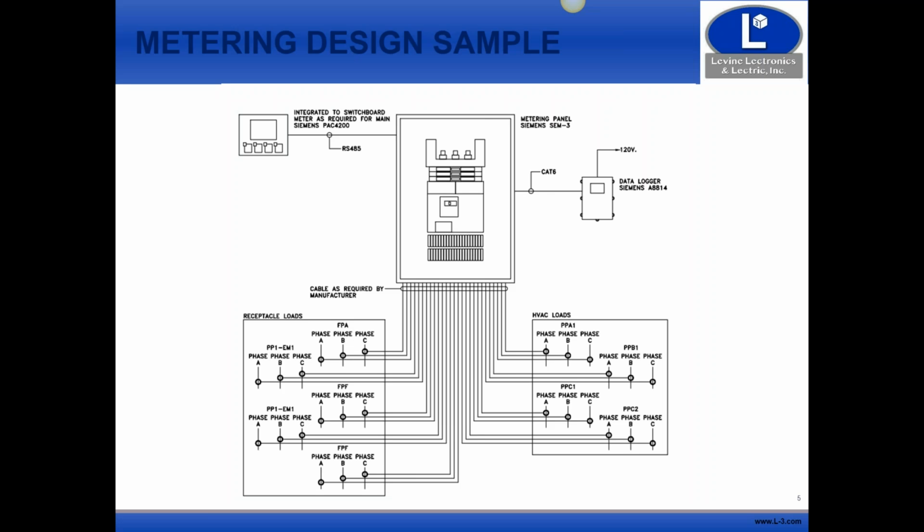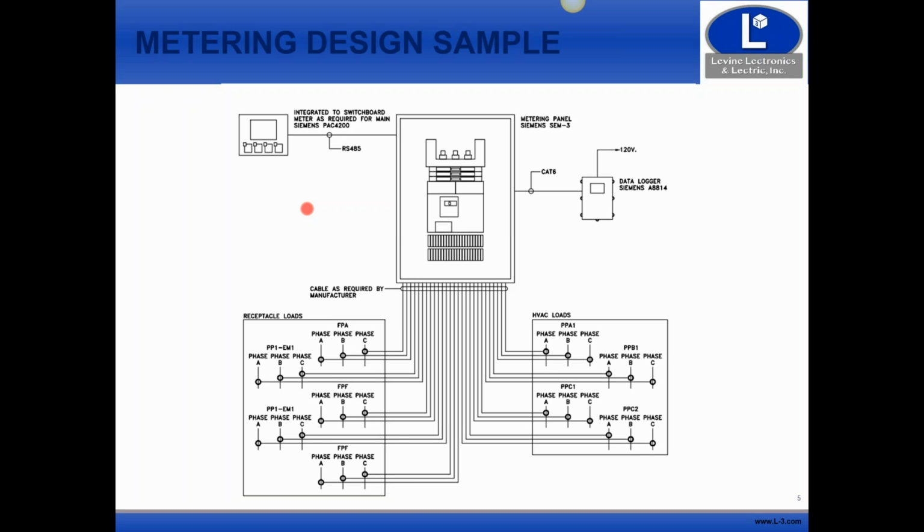So this is a system that Siemens puts out, and it's got several different parts and pieces. Let me see if I can get a spotlight right there. Okay, so this is a meter collection panel that Siemens has.